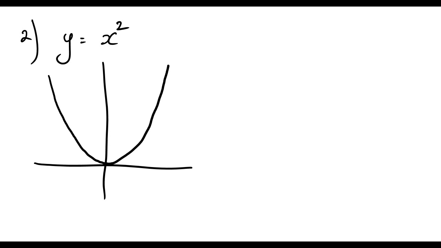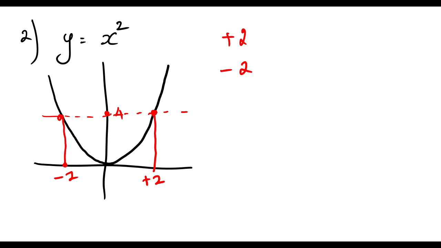And if I go for a particular y value, say 4, if I take this y value, then you can see that -2 for x and +2 for x both are mapped to the same value for y. So +2 and -2 both are mapped to 4.